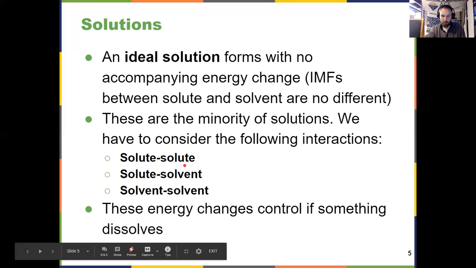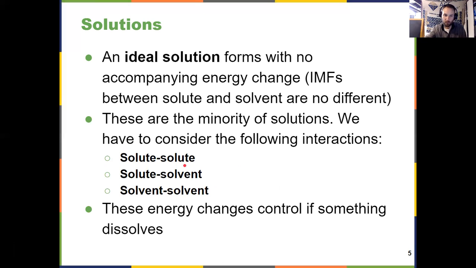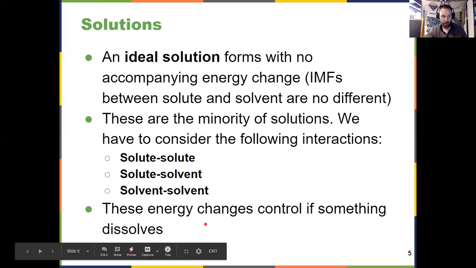Solute-solute, right, the interactions between the solute particles themselves, solvent-solvent, the interactions between the solvent particles, and then when they get introduced to one another, the solute-solvent interaction. Okay? And changes in these IMFs control whether or not something dissolves.